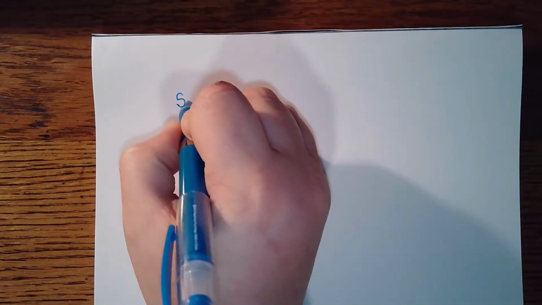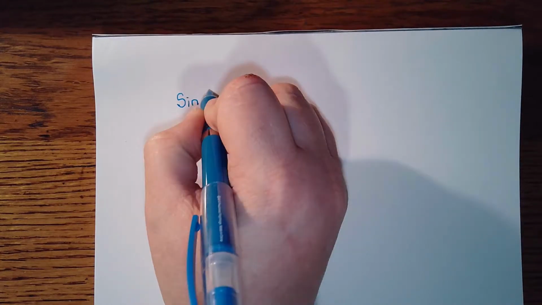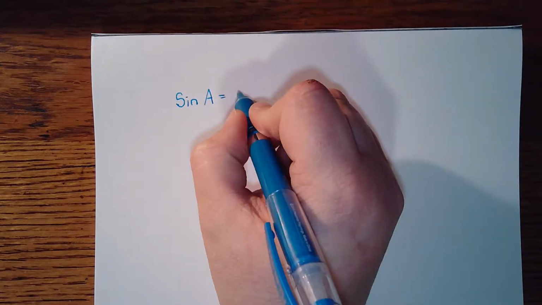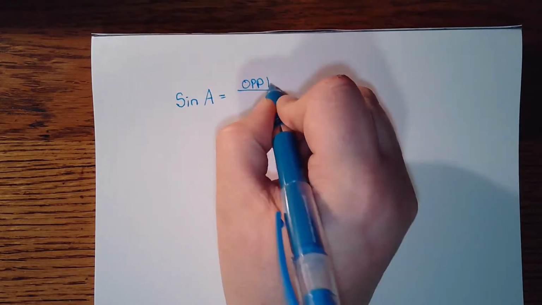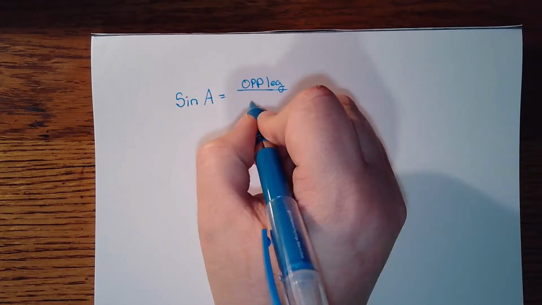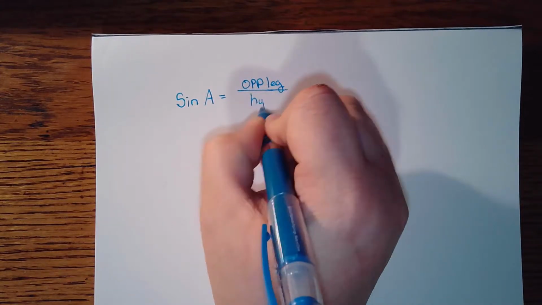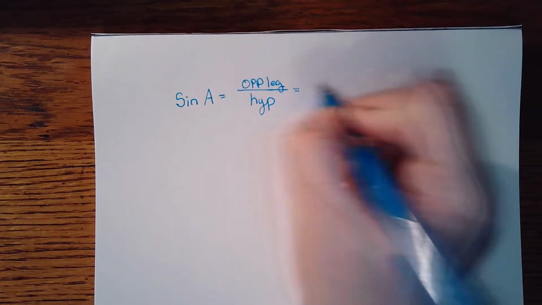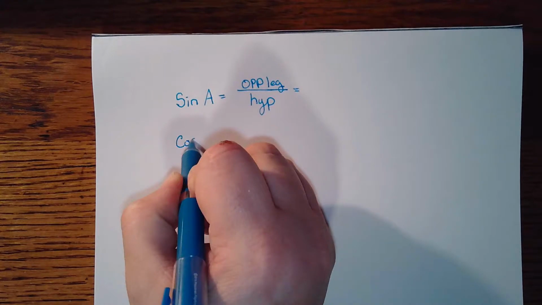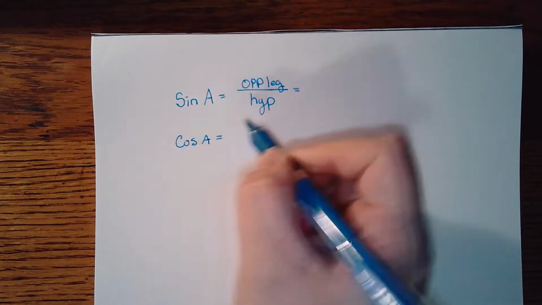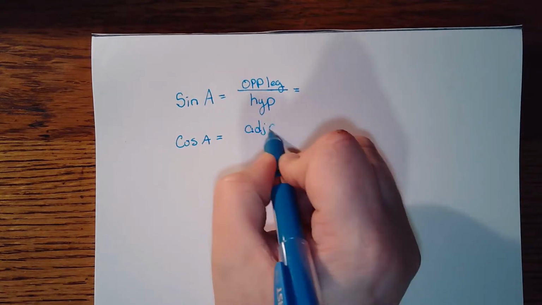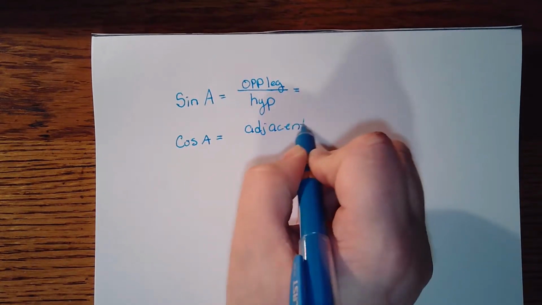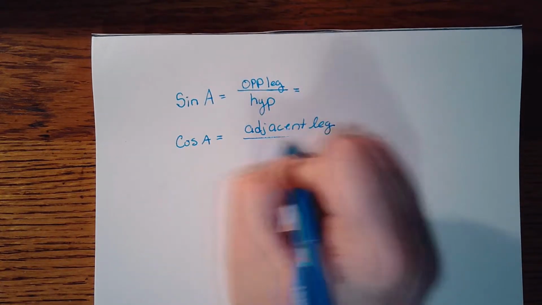So sine A is basically the opposite leg over the hypotenuse. Okay, and the cosine A is the adjacent leg over the hypotenuse.